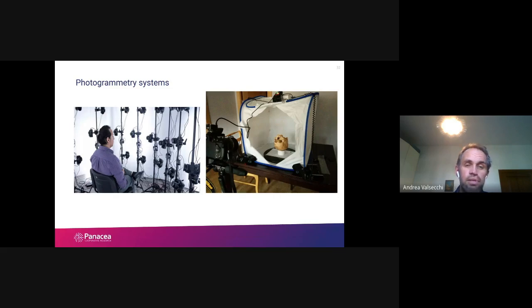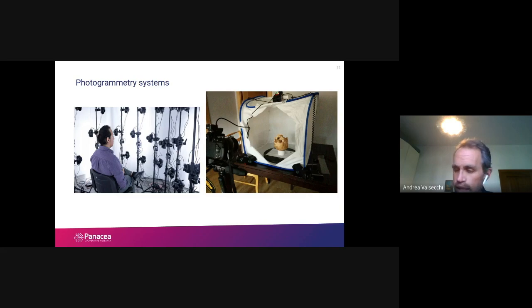This is used, for instance, to scan an actor for special effects. And on the right-hand side, you can see a rig that I've used with just one camera and 3 flashes, which could even be replaced with regular lights. So you can see there is a lot of difference in both the price and the complexity of those systems.